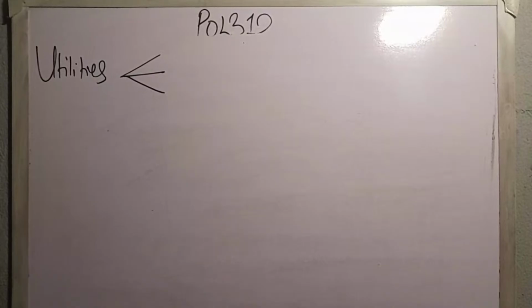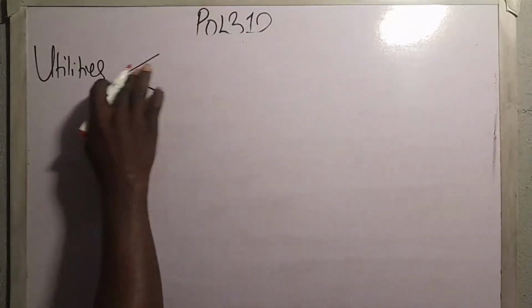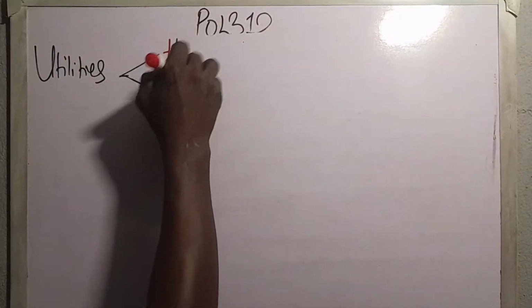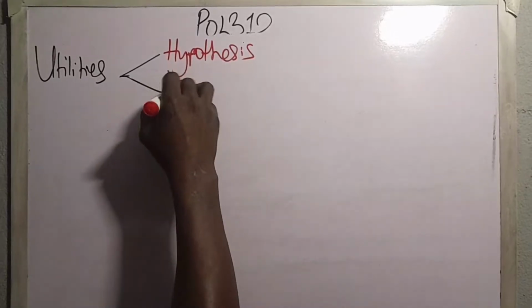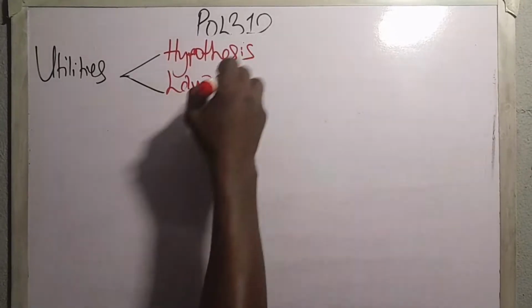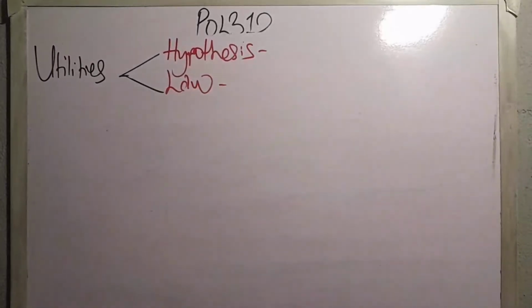So the types, basically there are two forms of generalization, which are hypothesis and law. These terms are not new to us.